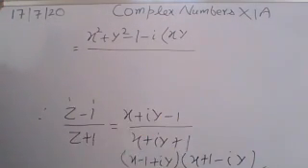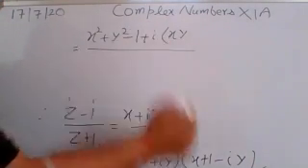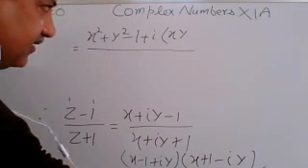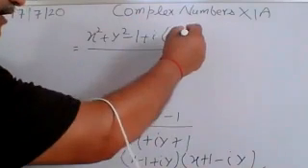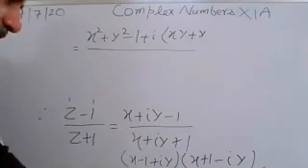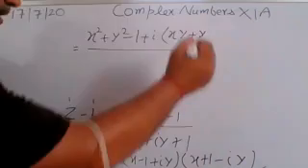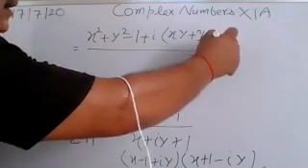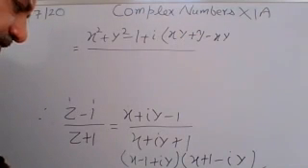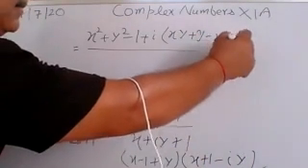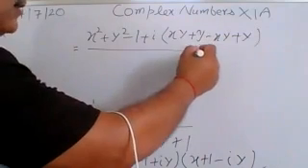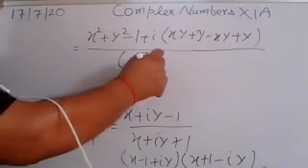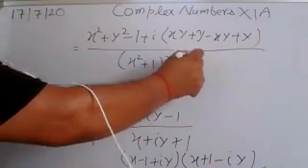Here you take i common. So you have xy plus y, and here you have the negative term, minus xy plus y, whole divided by x plus 1 whole square plus y square.